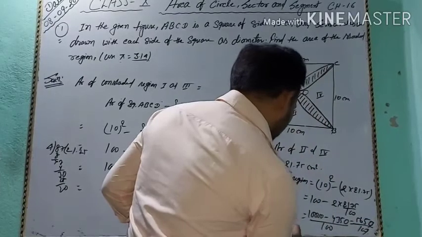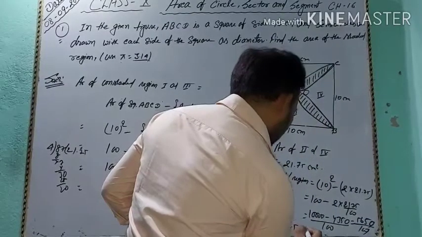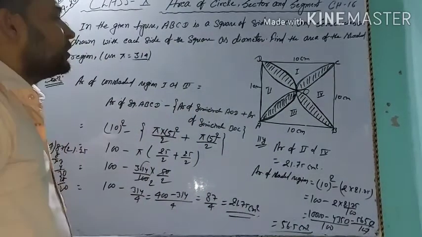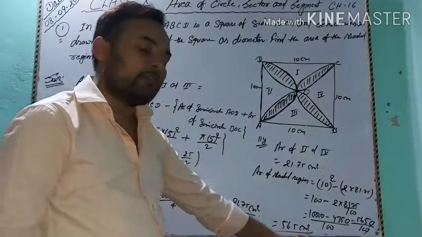That is 56.5 centimeter square. For students, area of the shaded region equal to 56.5 square centimeter.